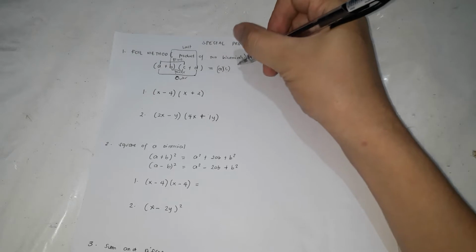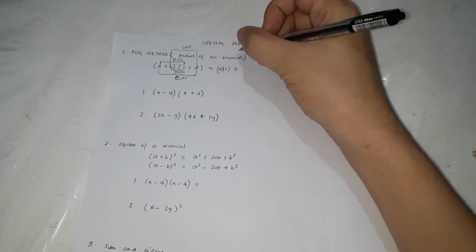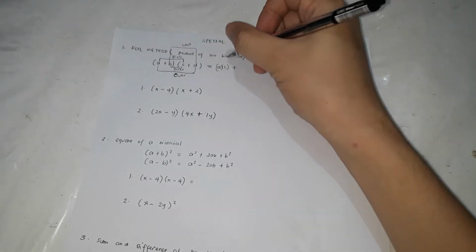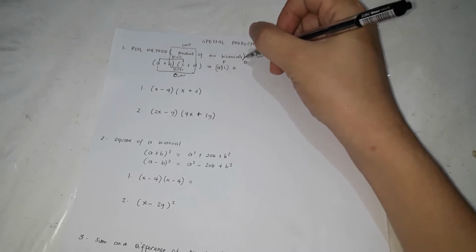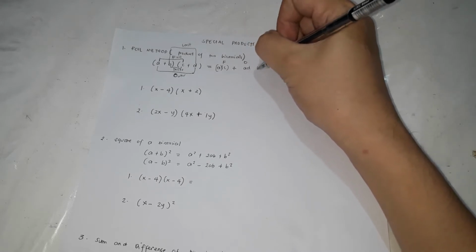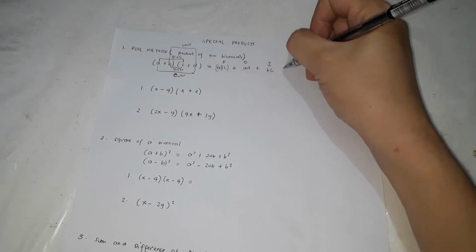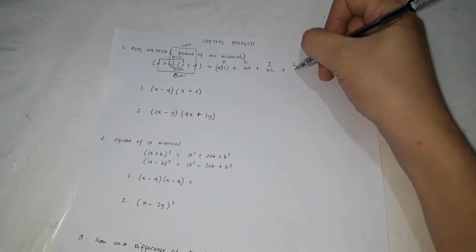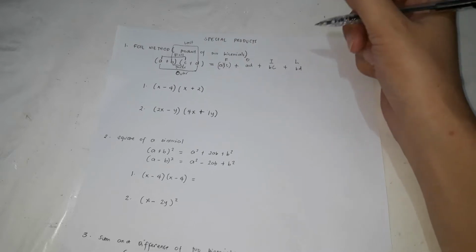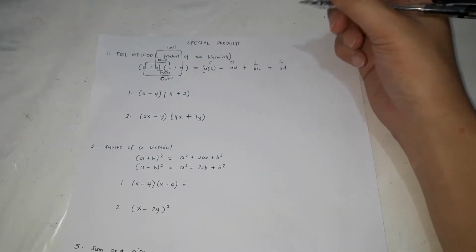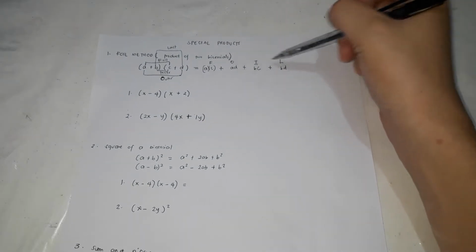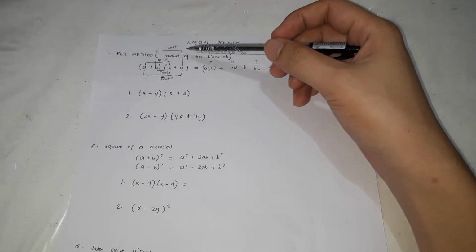So ac plus outer, which are a and d, plus inner, which are b at saka c, plus last two, which are b at saka d. So all you have to do to be reminded is first, outer, inner, last, kaya tinawag na FOIL. So this is only used if it is a product of two binomials.